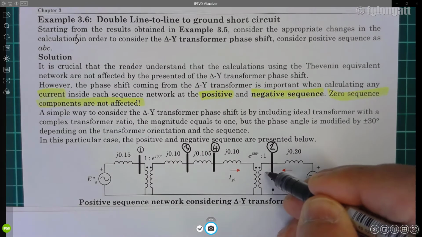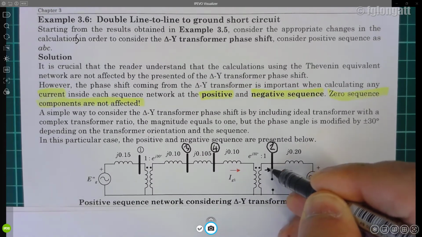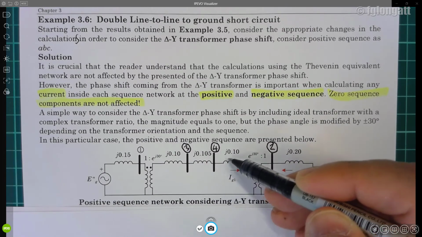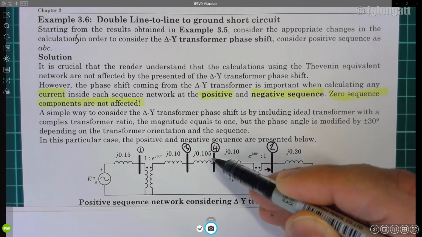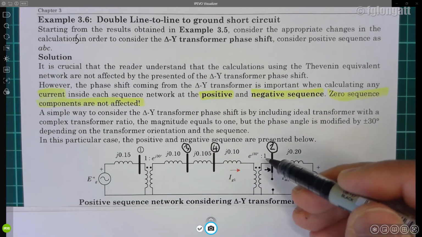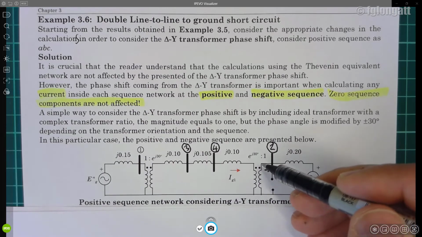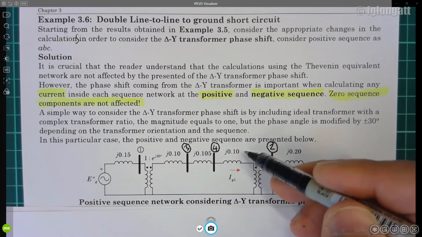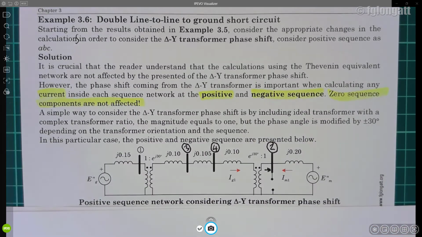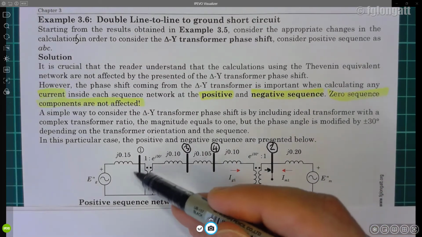What I need to do is consider that the current coming from this side of the transformer, when it's moving from the delta to the star connection, we need to consider the 30 degree, and the best way to do it is including this phase shifting transformer. Okay? It is the same on the other side.